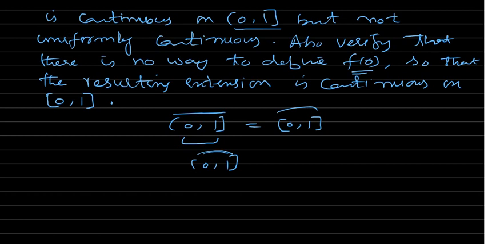So if f is a function, if we have metric spaces X and Y, and a subset A of X such that A closure is X, and f is a continuous function from A to Y, we cannot in general extend this function to whole X while preserving continuity. If the given function is continuous from A to Y and A is dense in X, meaning A closure equals X, we may not have any extension preserving this continuity.